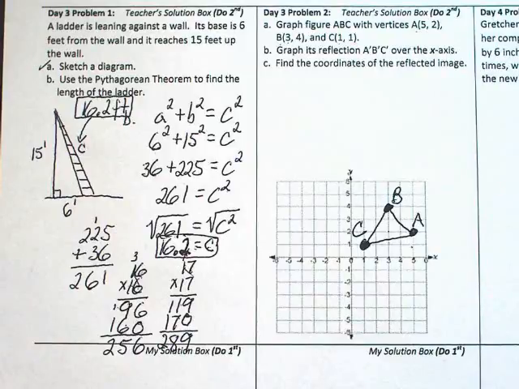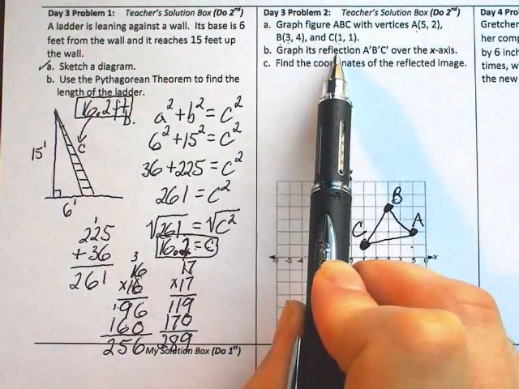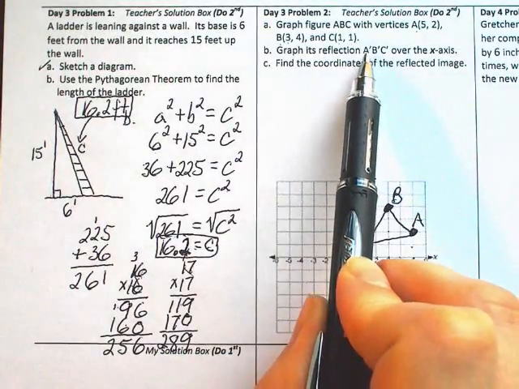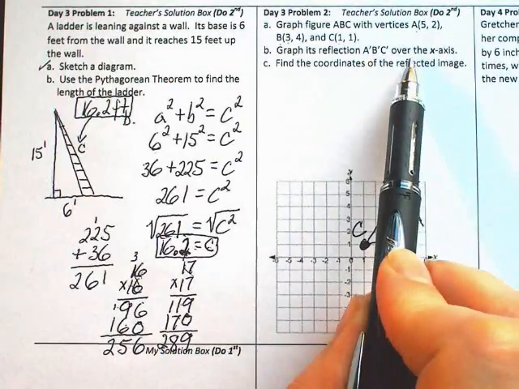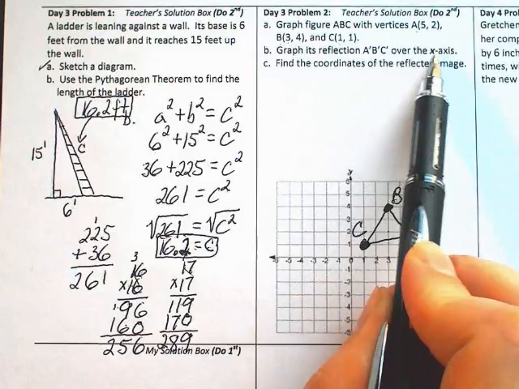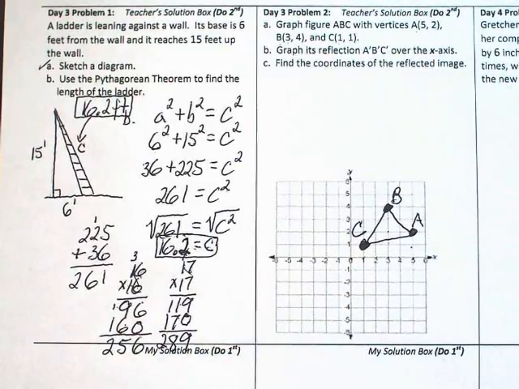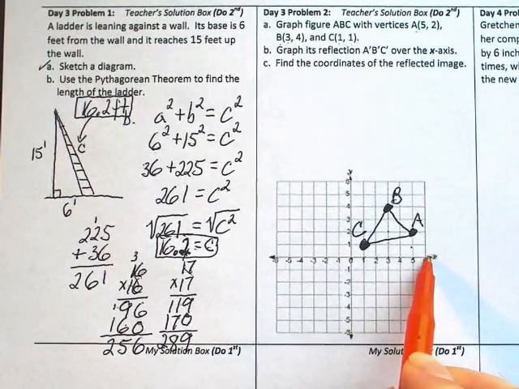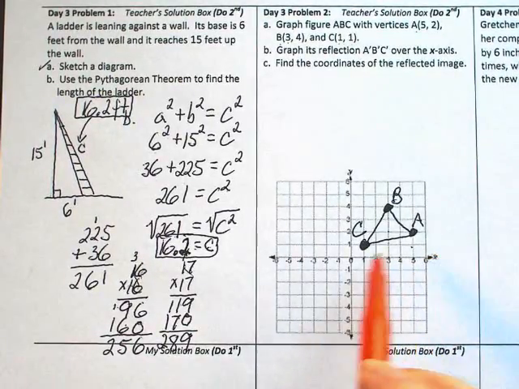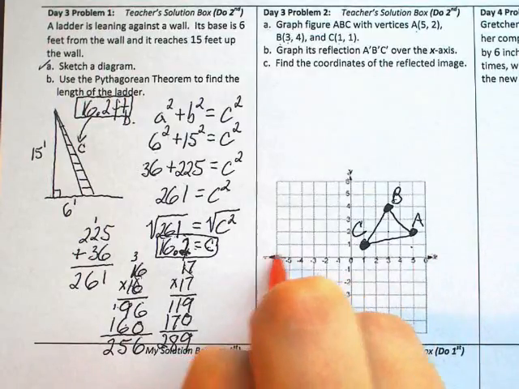Now, in part B of the question, we're asked to create the reflection, which we're going to call A prime, B prime, C prime. And this reflection is going to be done over the x-axis. So the first thing I'm going to do is highlight the x-axis so it stands out very clearly. The x-axis is this line here running left and right across the middle of the grid.